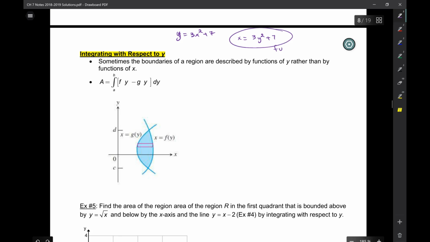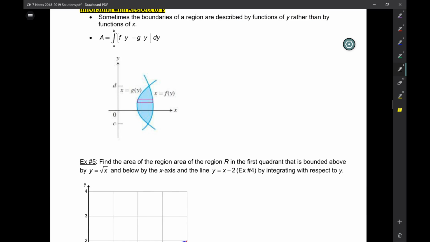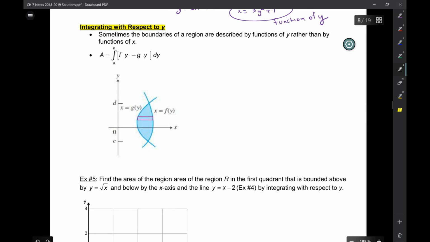This is a function of y. Now everything is switched. So take a look at this one. Here I have g of y, and here I have f of y.